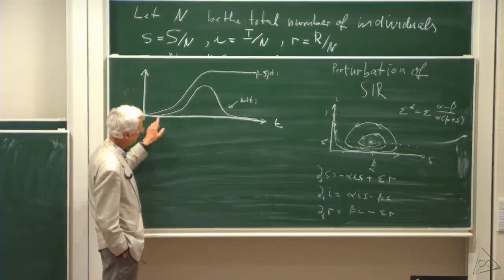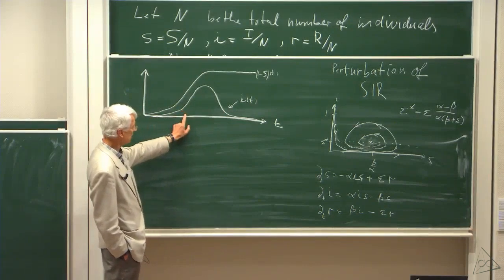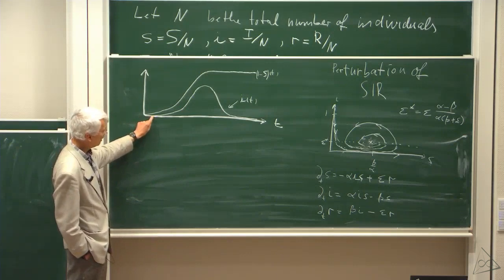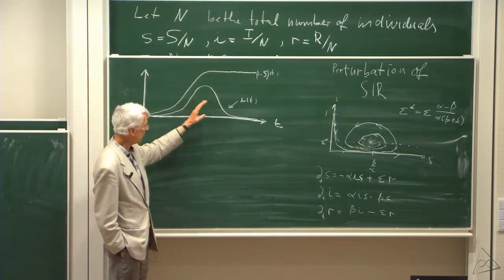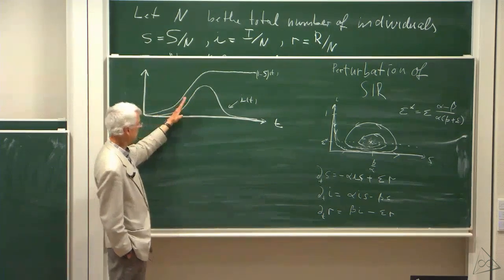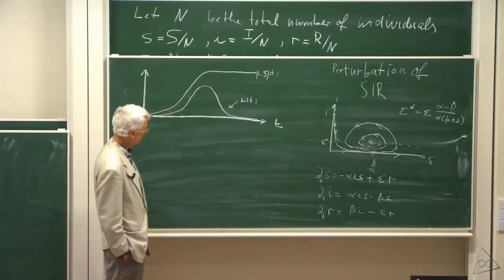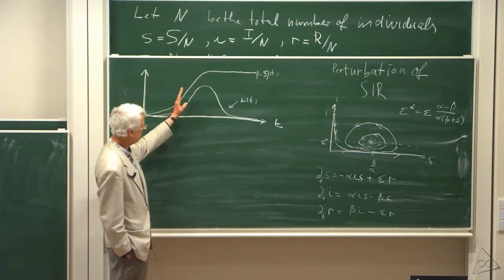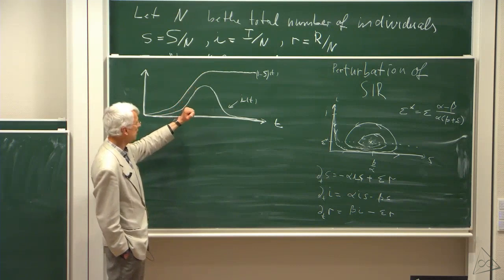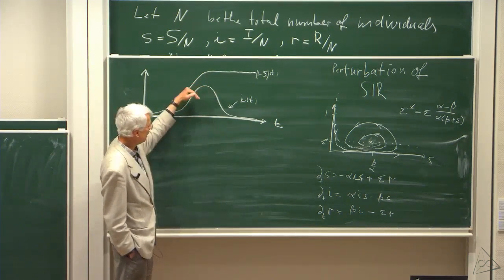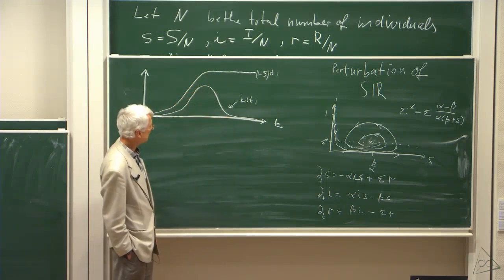And typically during the course of such an epidemic as we had now, you have something which initially looks a little bit like an exponential function, and which is increasing. But then, of course, at some point you reach a level, and the thing is decreasing again.